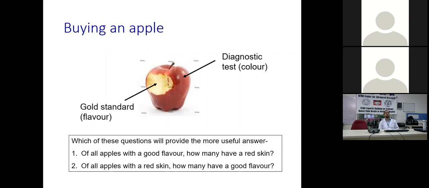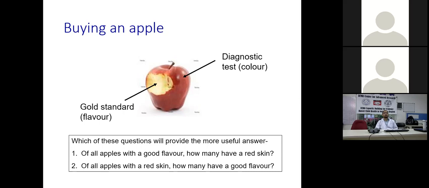Because the first question assumes that you already know the gold standard status of the apple. If you already know, then knowing whether it has a red skin is of academic interest only. But what is more useful at the time of buying is, of all apples with a red skin, because that is the only thing that you have available to you, you want to know amongst them how many will turn out to have a good flavor.